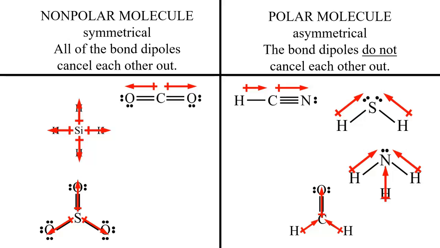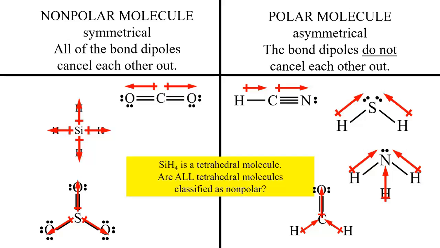H2S is bent. All bent molecules are polar. NH3 is trigonal pyramidal. All trigonal pyramidal molecules are polar. And then the CH2O was an example of a trigonal planar molecule that did not have the same symmetry that SO3 had, so that was polar.